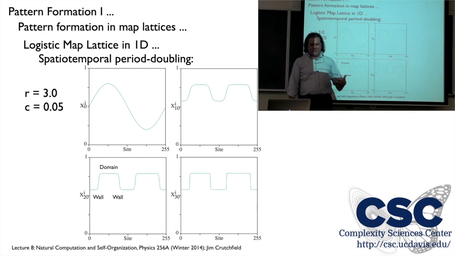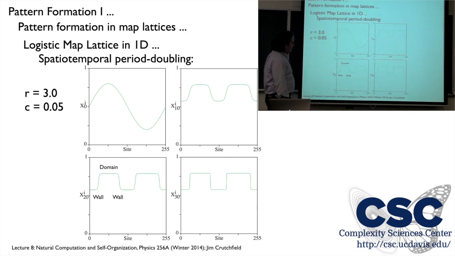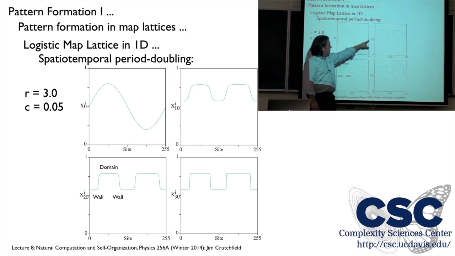This will help emphasize the argument I was just making. R equals 3. If you remember, R equals 3 for the isolated logistic map is right where that non-trivial period 1 orbit goes into period 2. And then 0.05 coupling.